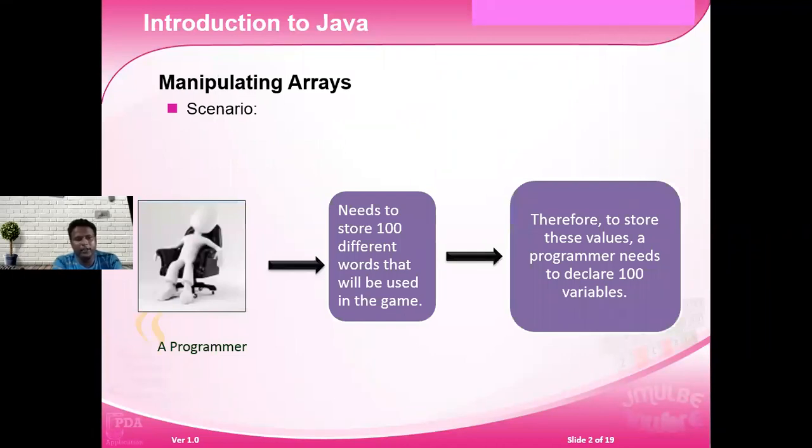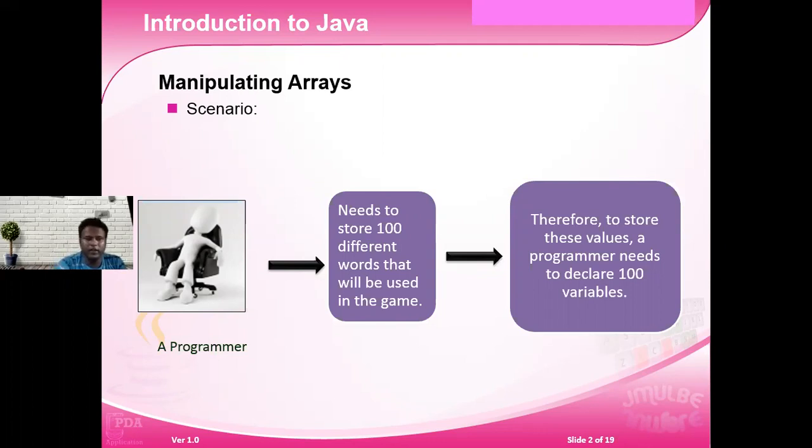So manipulating the array element, a programmer needs to store 100 different words that will be used in a game. So therefore, to store these values, a programmer needs to declare 100 variables.